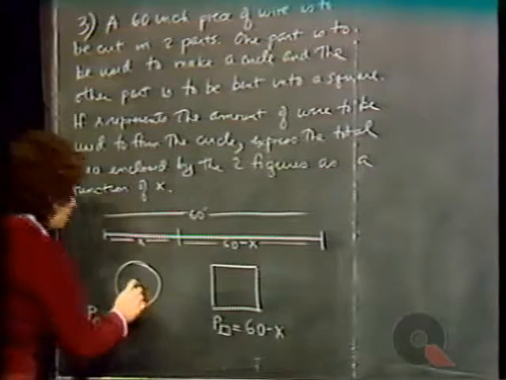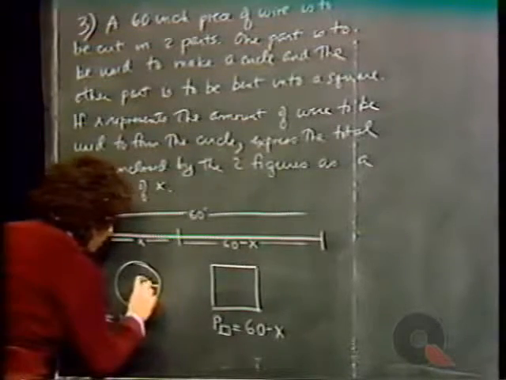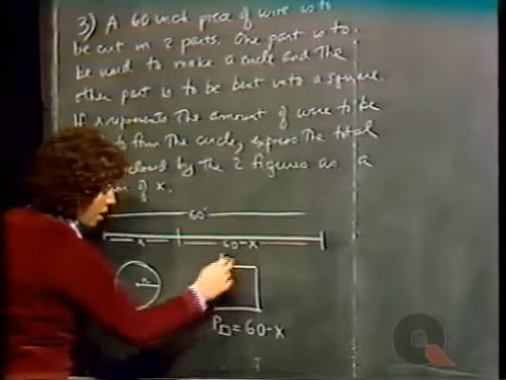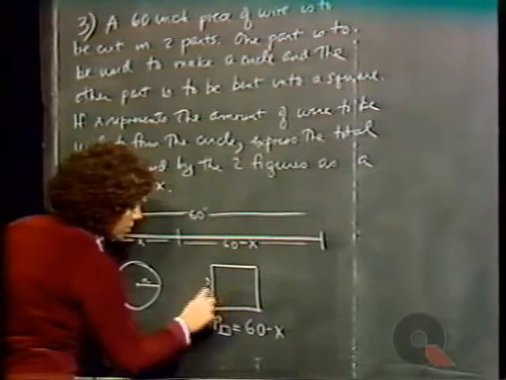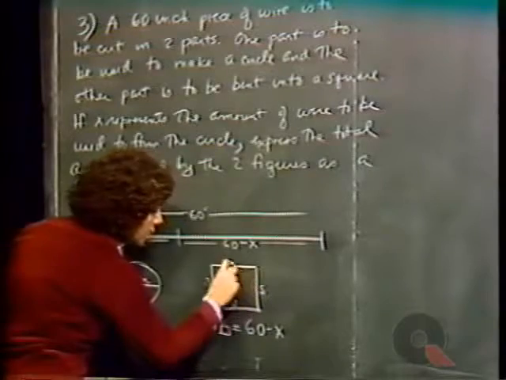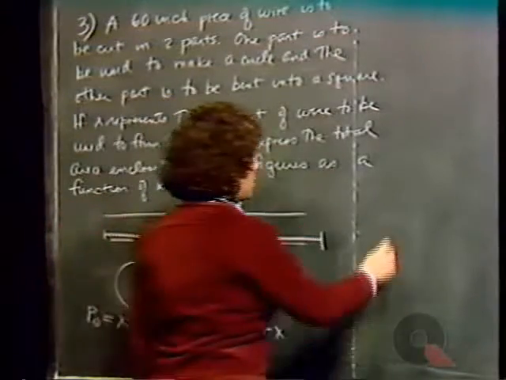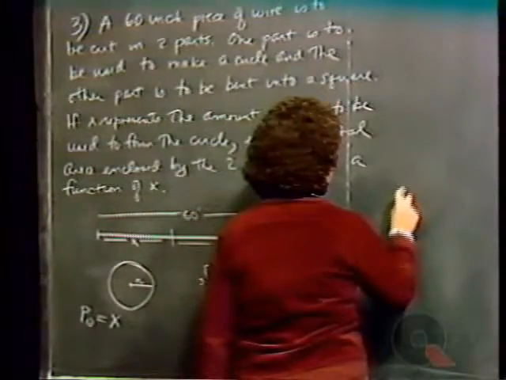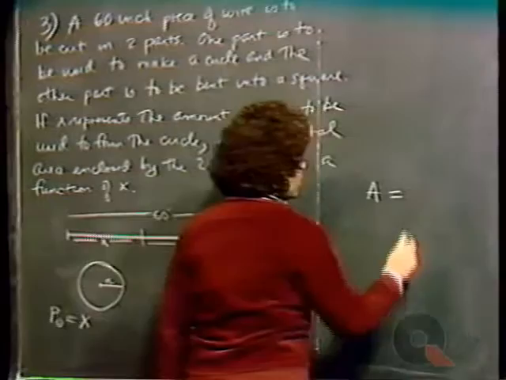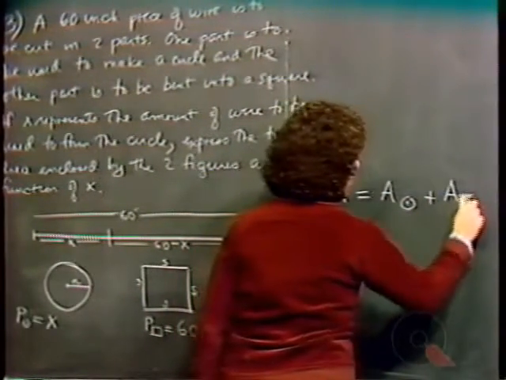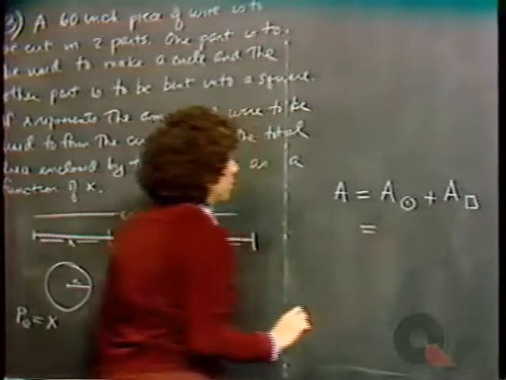Okay, let's say the circle has radius r, and that the length of the edge of the square is s. In other words, this is s, s, s, s. The total area enclosed will be the area of the circle plus the area of the square.